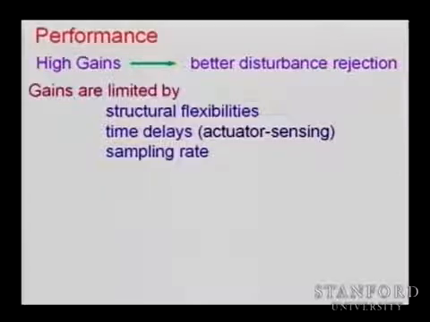In the real system, what do we have? We have structural flexibilities. We have flexibilities in the links. We have flexibilities in the drives. If you take the Puma, it has those motors placed inside, and they are connected to the joints through rods, and they have flexibilities. And when you start cranking up your gains, what's going to happen?